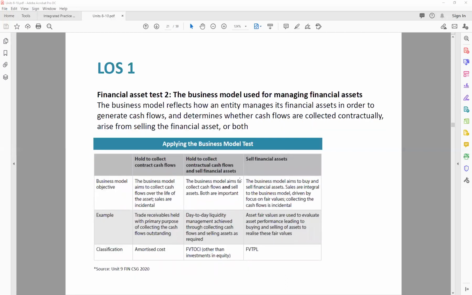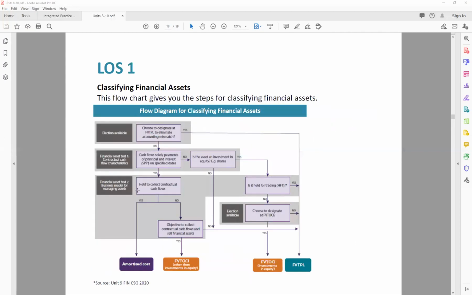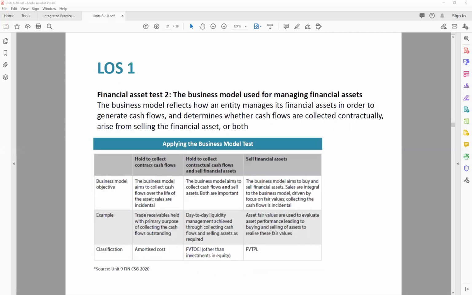So the second test here is whether or not the company intends to hold the financial asset until it is due, or until it hits its maturity date. And so it's about applying this business model for managing assets.